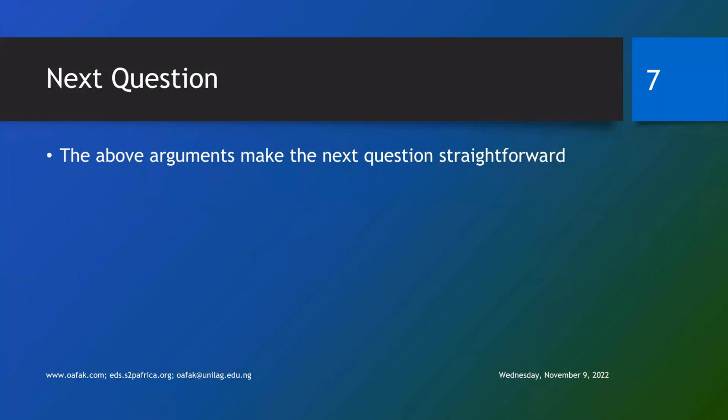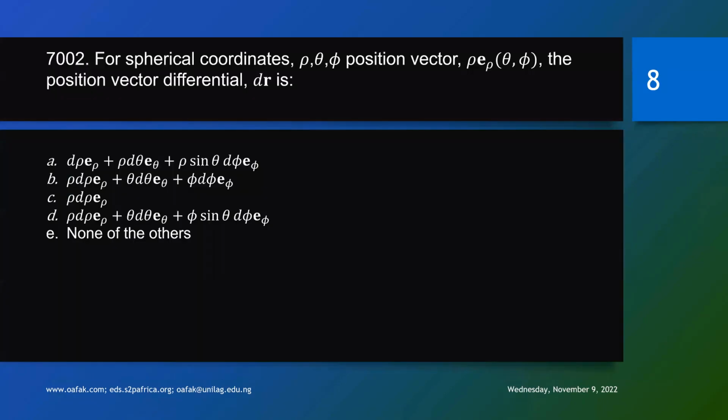The above arguments make the next question straightforward. For spherical coordinates rho, theta, and phi, the position vector differential, dR, is this. So that is what we have just been talking about. If you see this in an objective question, you will be tempted that since the position vector is rho E rho, the differential will just be d rho E rho, or rho d rho E rho.